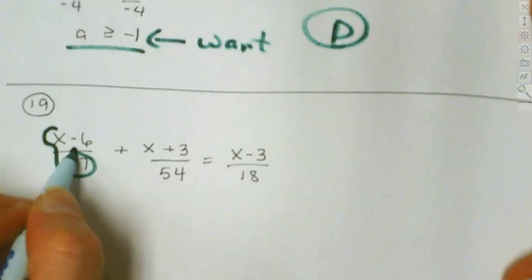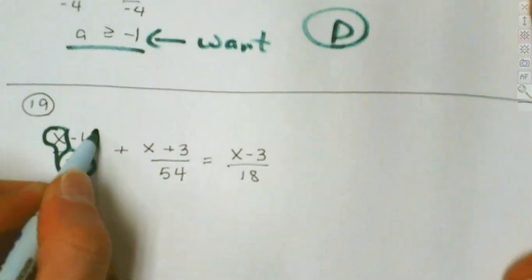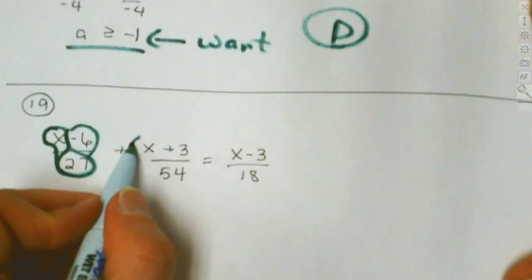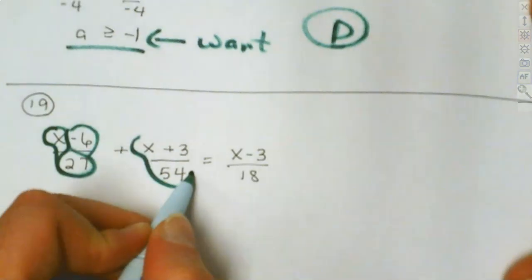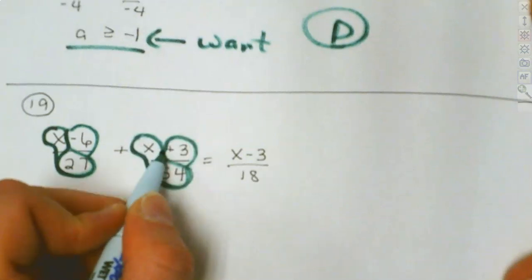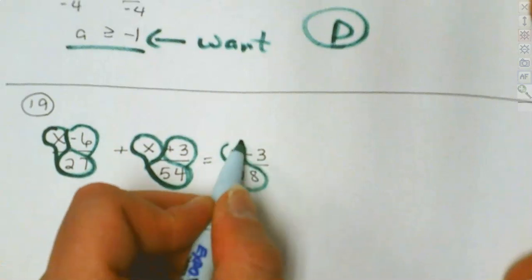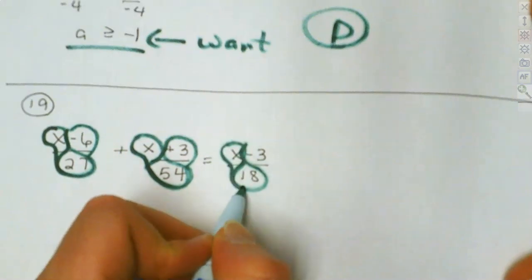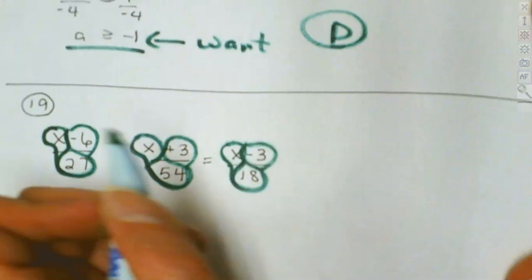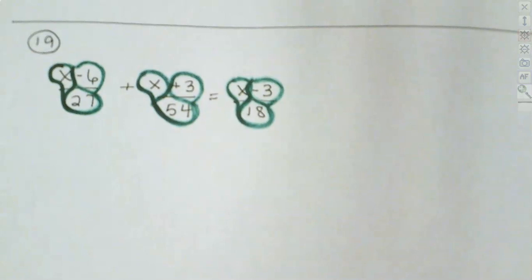And so what we do, we went over these way back in 1-1, is we take it and we split it up into individual fractions. And so we're going to rewrite this into all these individual fractions, and then we'll clear them out.